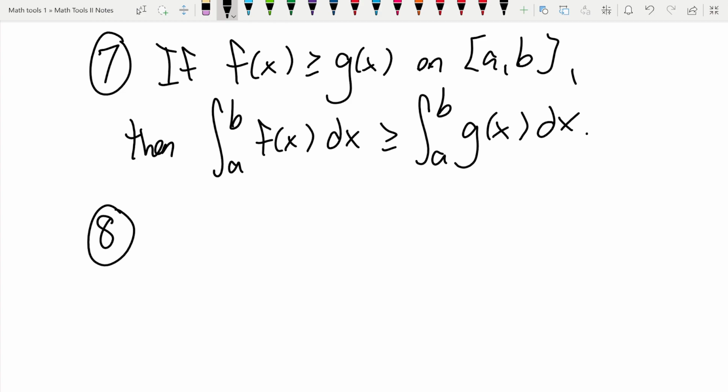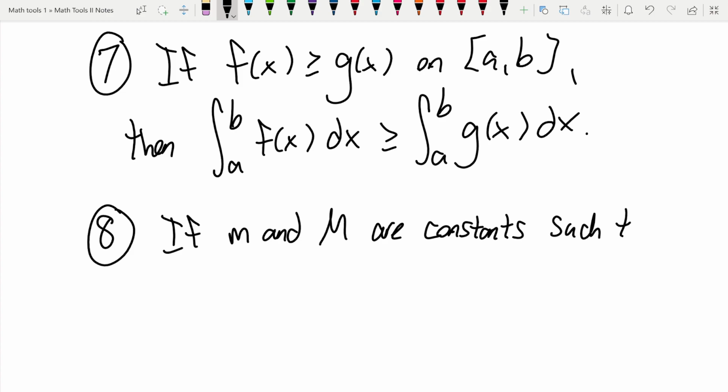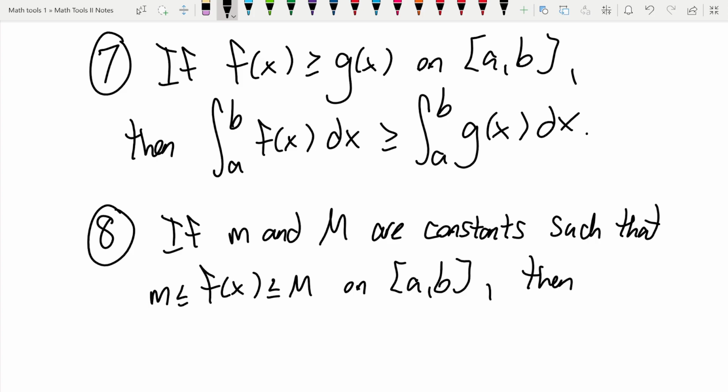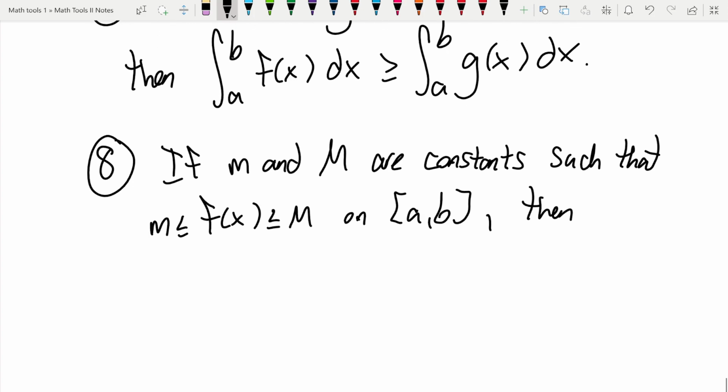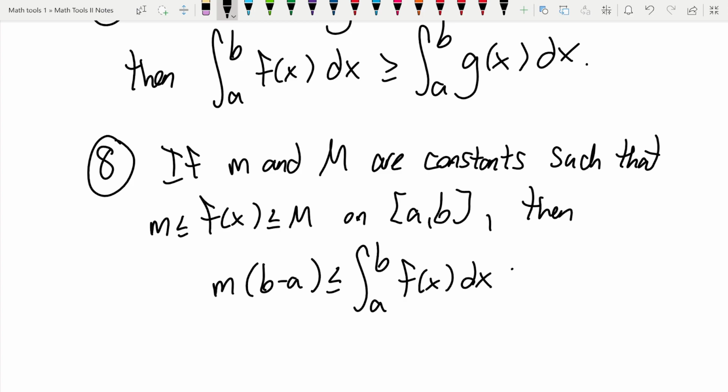And now the last one here is that if little m and big M are constants such that f of x is bounded by these two numbers on [a, b], then little m times b minus a is less than or equal to the integral, which is less than or equal to big M times b minus a.